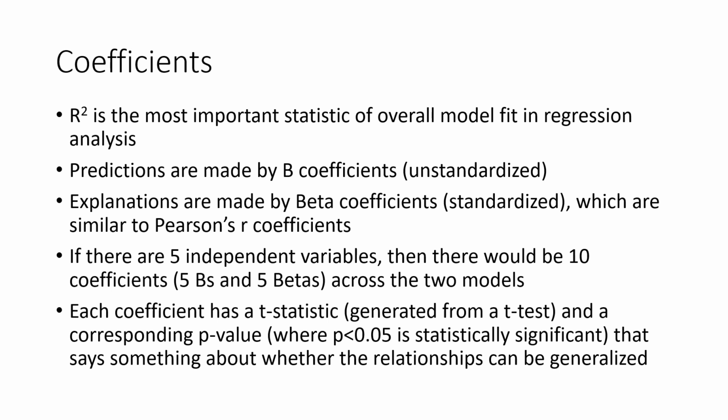And each coefficient has a t statistic associated with it that's generated from a t-test, which you learned about in a previous chapter, as well as a corresponding p-value. And remember that when p is less than 0.05, then we assume that that relationship is statistically significant and can therefore be generalized from the sample to the wider population.